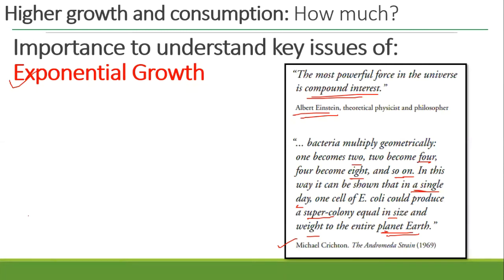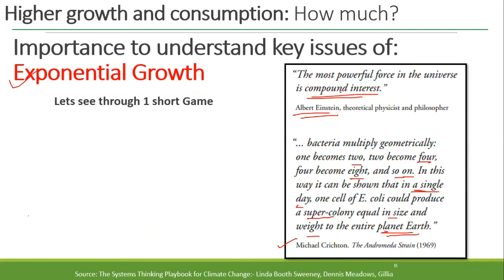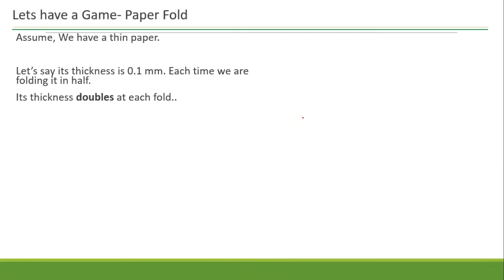Okay, so let us see this game now. And I want to make this activity interactive. So please put your thoughts in chat, or please feel free to tell what you're doing. Okay, let's move to this game. Let us assume that you have one paper.